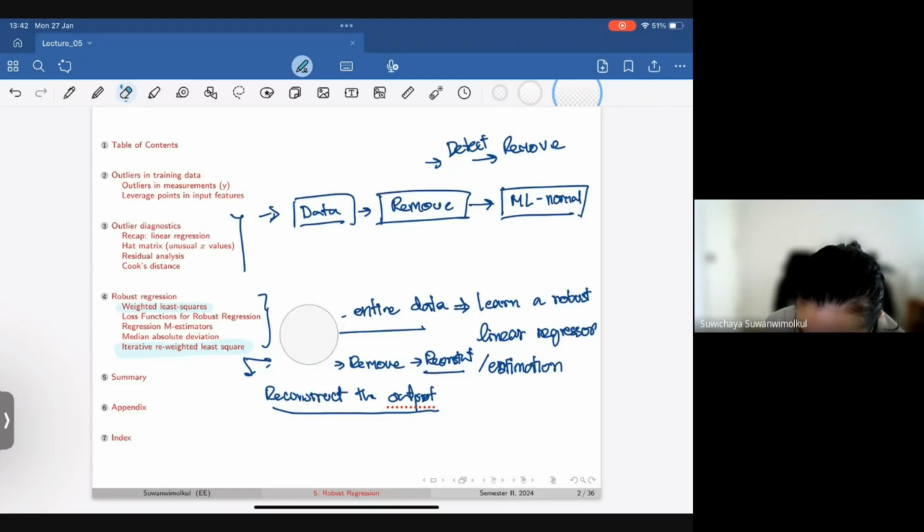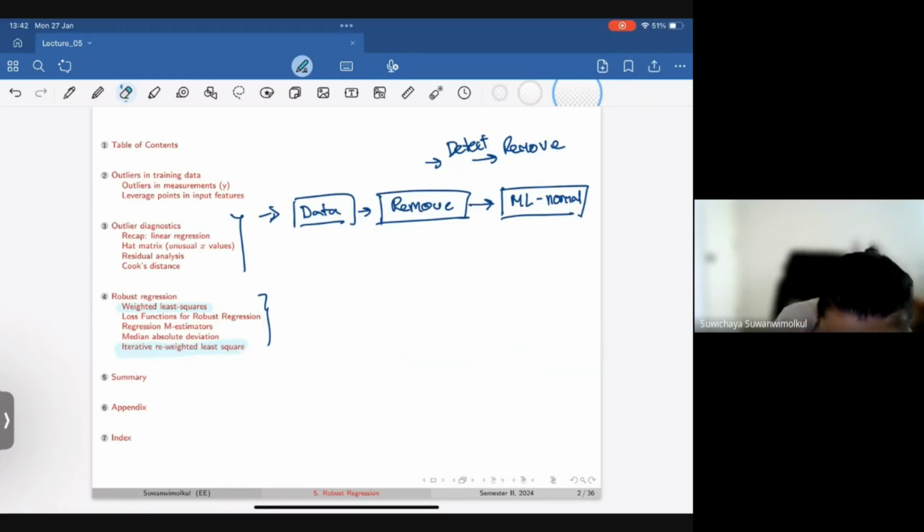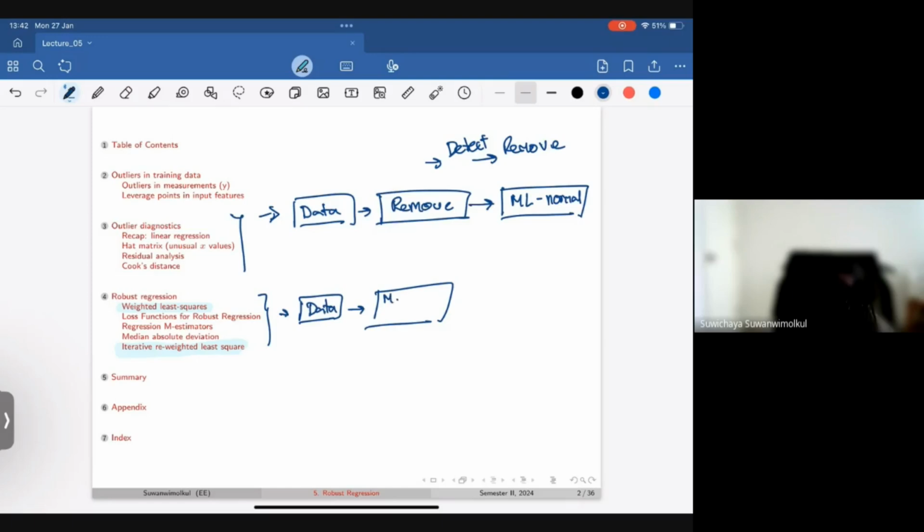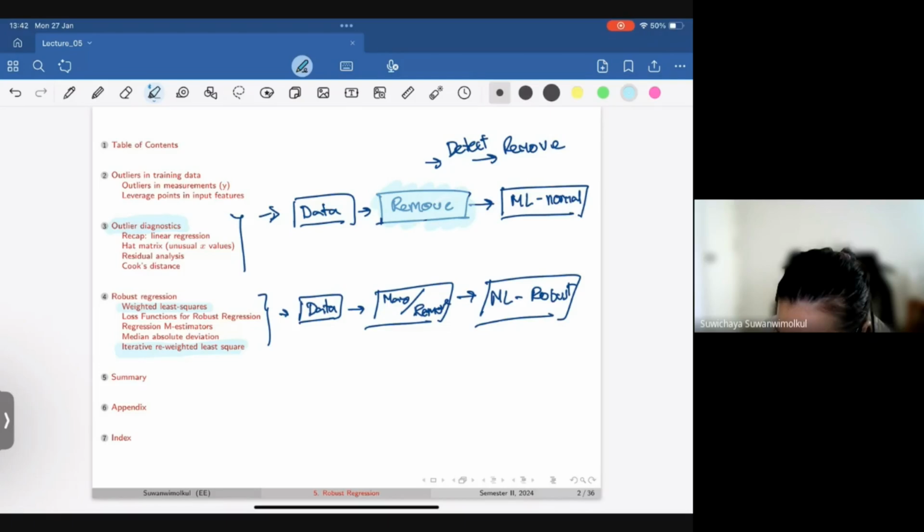But your second type will be that you have your data and you may or may not remove the outliers, but your ML method is the robust method. So the difference is that for the first type, outlier diagnostics is like a toolbox that you add before you perform any learning in machine learning or processing your data.